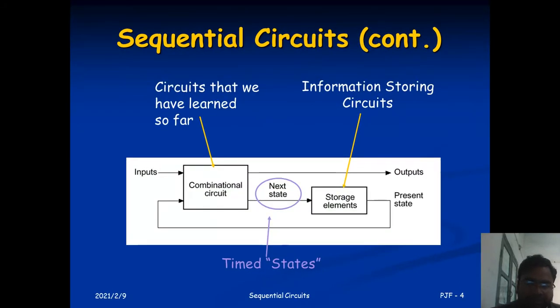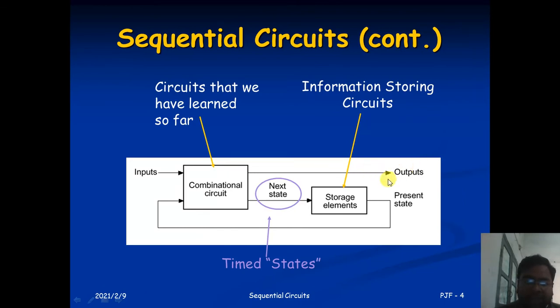So this will be the diagram for the sequential circuit. Here is the combinational circuit. You can see that the input is given and we get the output, but when we provide the storage element, it will store the output, and this output goes into the combinational circuit and it will give you the output.